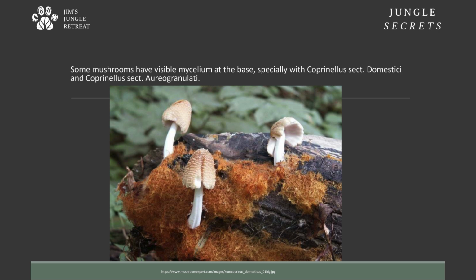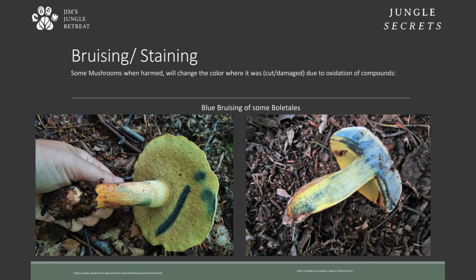So after all these features from all the way top of the mushroom to the base of the mushroom, like we went through all these characteristics from top to the base, now there are other features of the mushroom which will tell us a little bit more about it. That is bruising and staining.